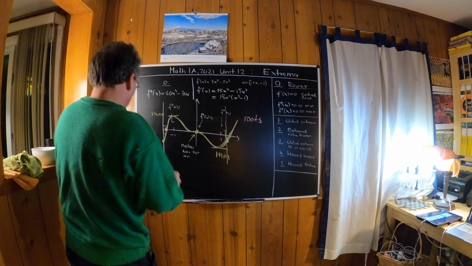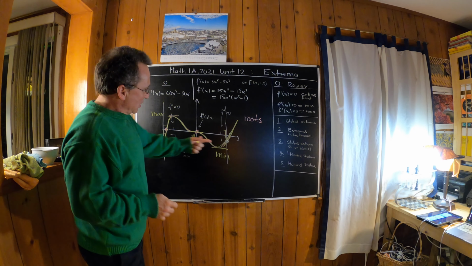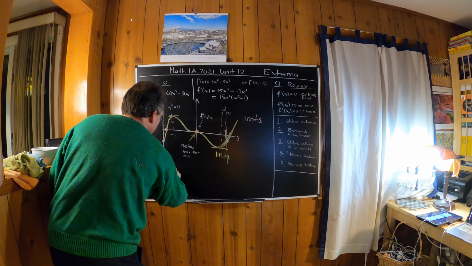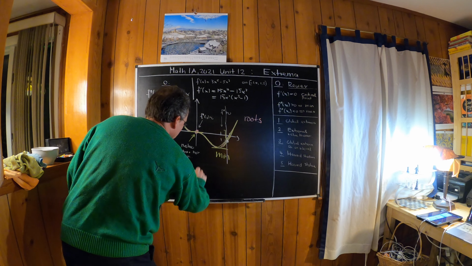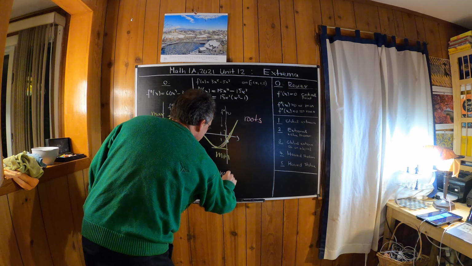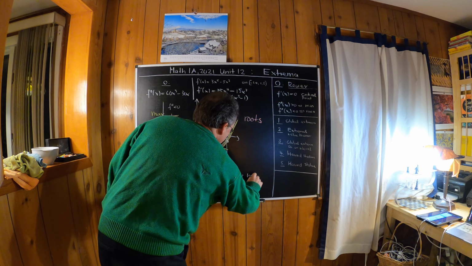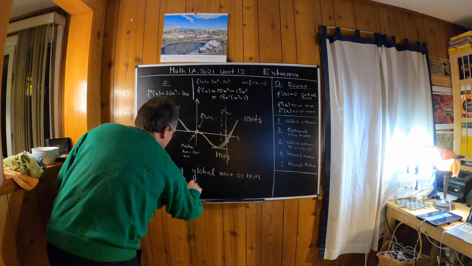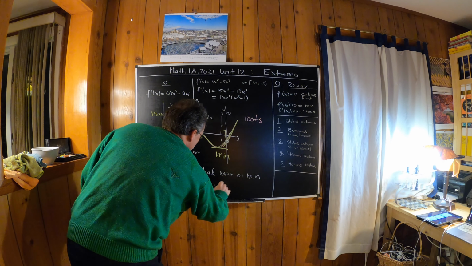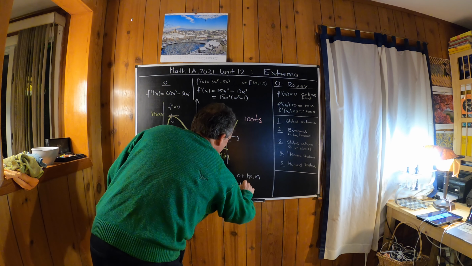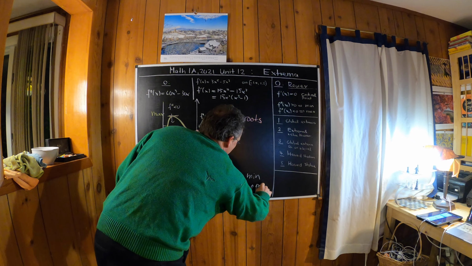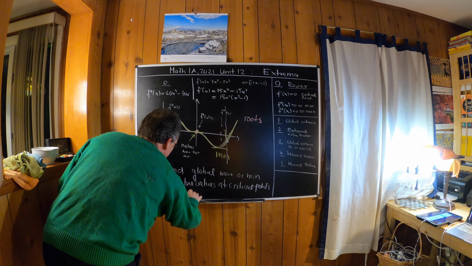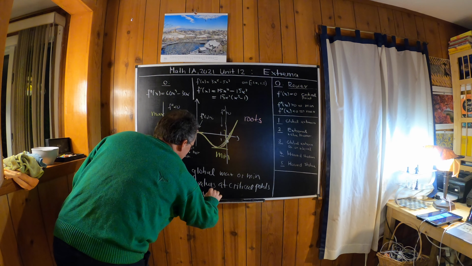So for the overall maximum or minimum, we have to look at the critical points. For the global max or min, look at the values at critical points and boundary points.